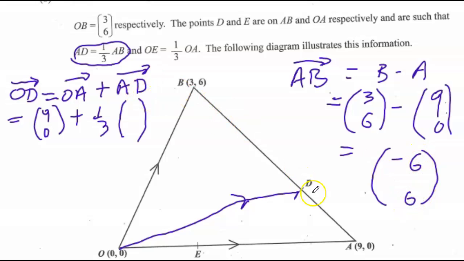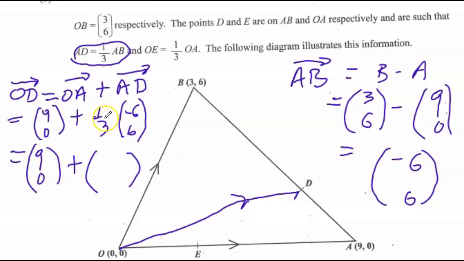So AD is 1/3 of whatever AB is, which is negative 6, 6. So it's 9, 0 plus 1/3 of each number inside. So 1/3 of negative 6, that's negative 2. 1/3 of 6, that's positive 2. So we add these two values. 9 plus minus 2, that's 7. 0 plus 2, that's 2. So the vector OD is 7, 2, right?